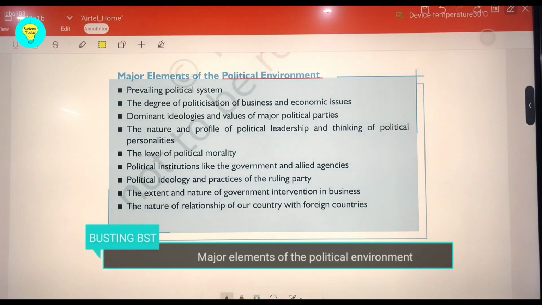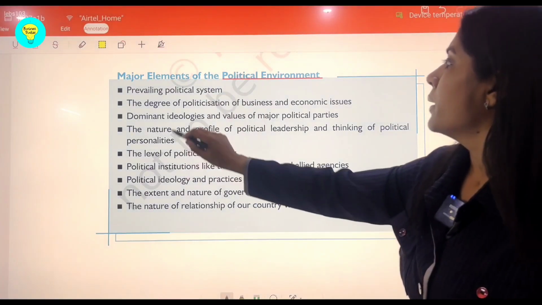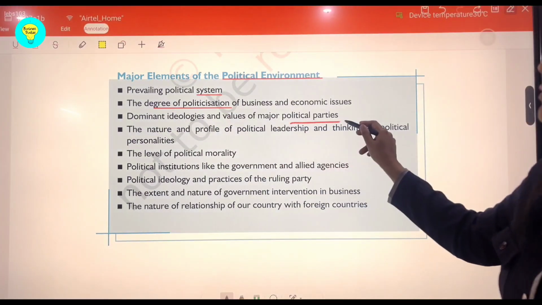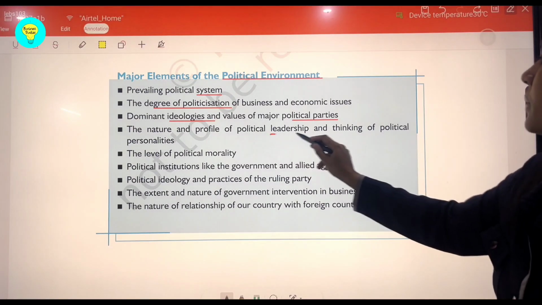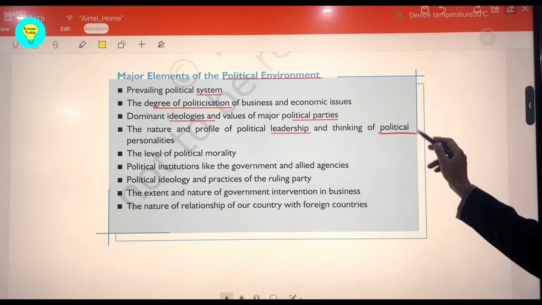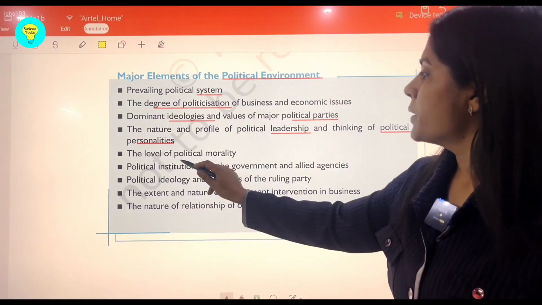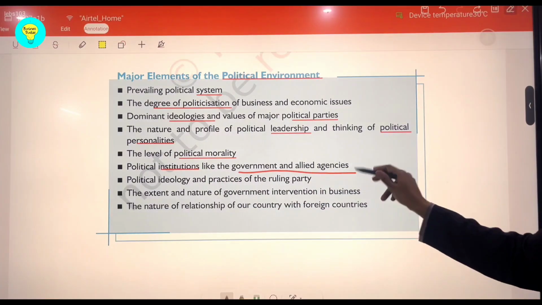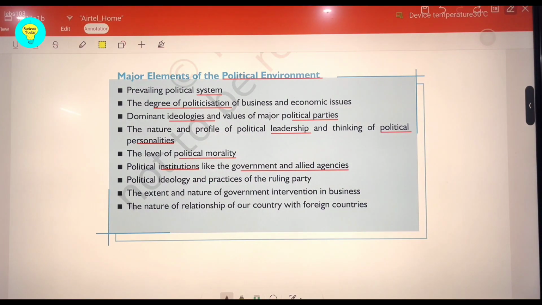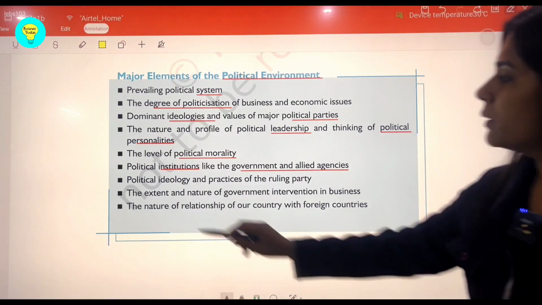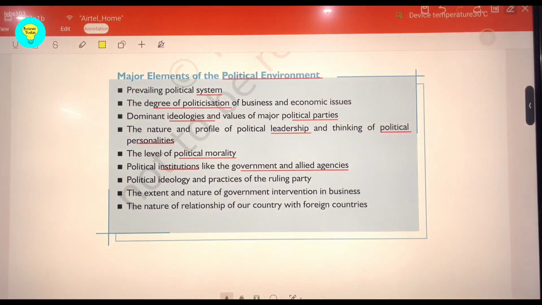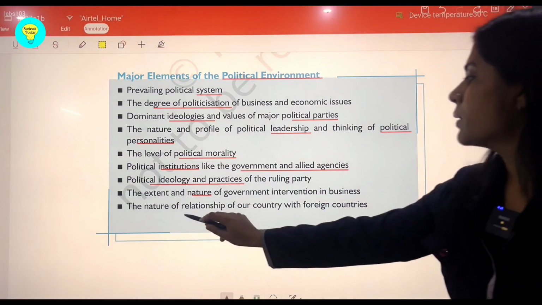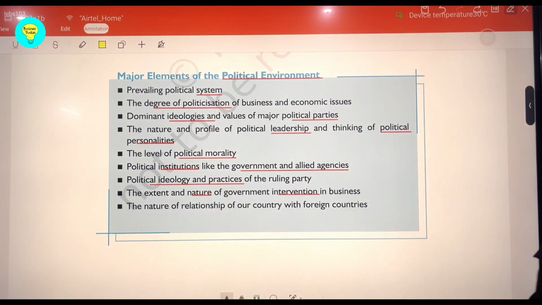So here in political environment, they have talked about the system, the degree of politicization, the ideologies of the parties, political parties involved, the leadership and their political personalities, the political morality, the institutions like government and allied agencies, in which we were talking about the ministries, departments and bureaucrats, the political ideology and practices, nature of government's intervention in business and relationship of one country with that of a foreign country that impacts the business.